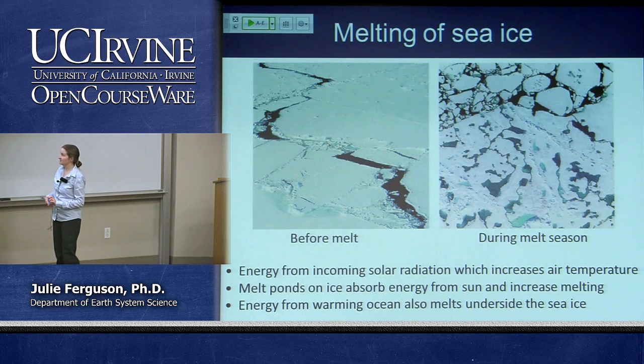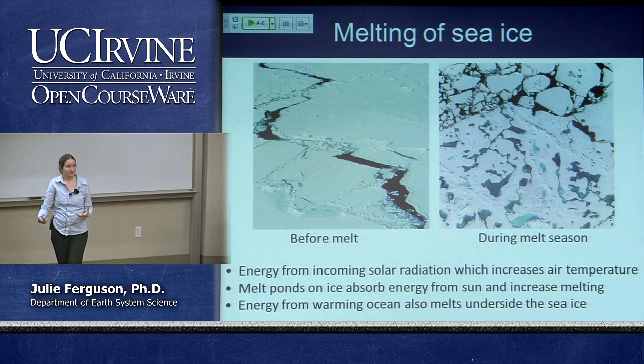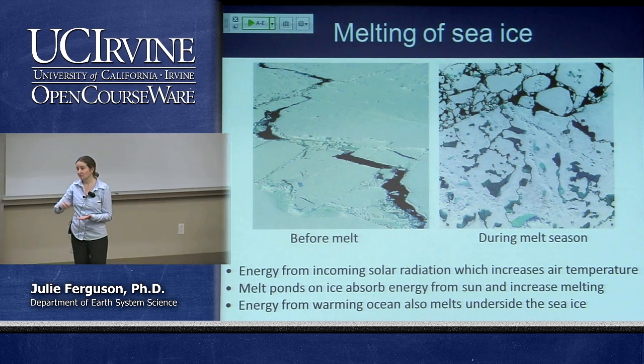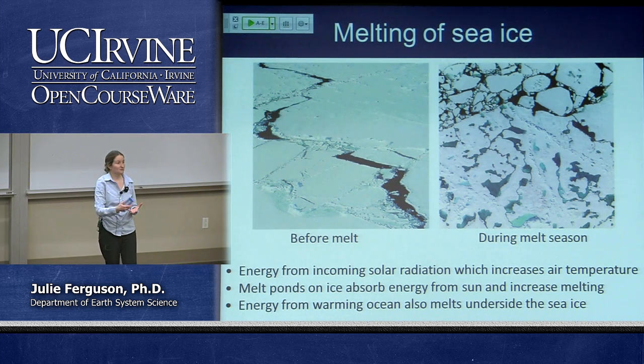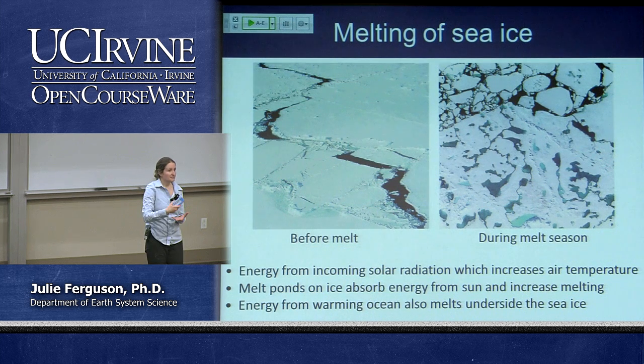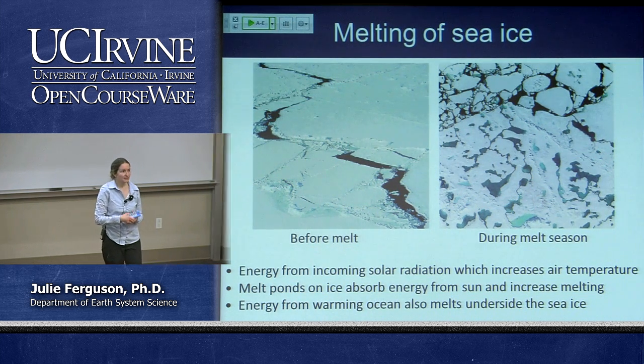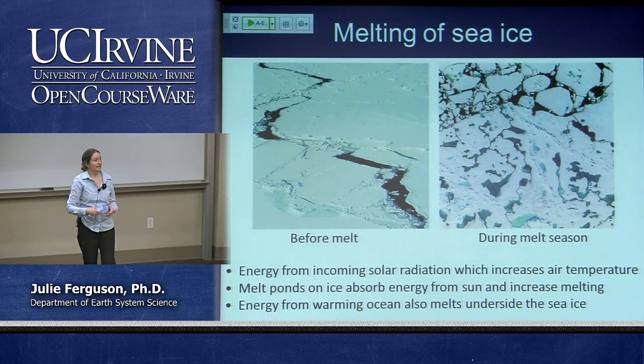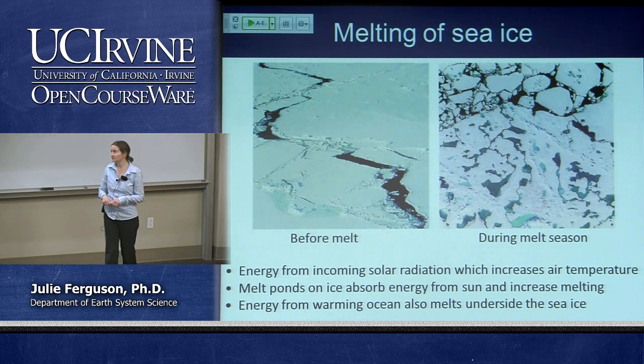Even though it is reflective, it still absorbs some of that. And the key thing is that once you start melting your ice, you get these melt ponds developing. And now you don't have your nice reflective surface anymore. You have something that's really good at absorbing energy. So once you start having those melt ponds, it's relatively easy then to accelerate the melting of your sea ice.